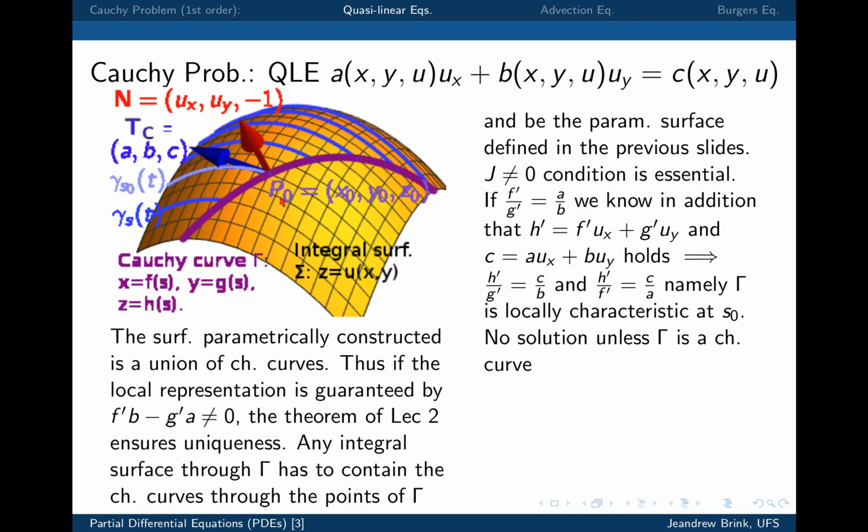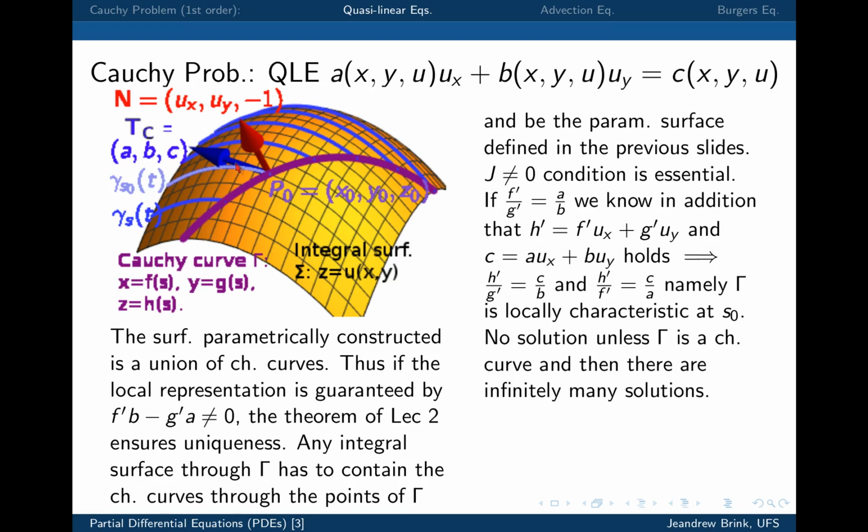Otherwise all you get is one curve, and you've said nothing more about the other curves, about the rest of the data. Okay, so no solution unless gamma is a characteristic curve, and therefore there are infinitely many solutions, because you can imagine that if you've specified this curve in your data, the only condition that the rest of the surface has is that they actually have to be characteristic to the tangent vector up there, and that you can like switch everything.